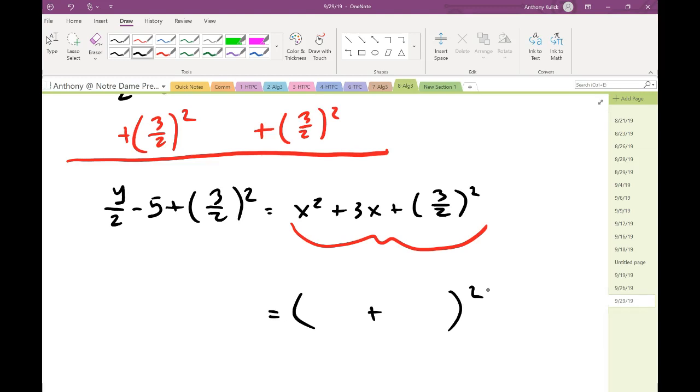So when I factor it, it's going to look like something plus something in parentheses and then squared. What is the first something going to be? X. What is the second something going to be? 3 over 2.